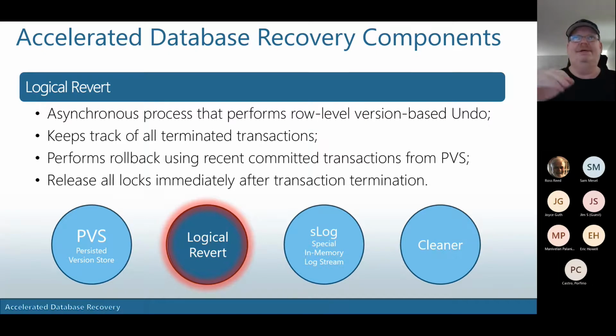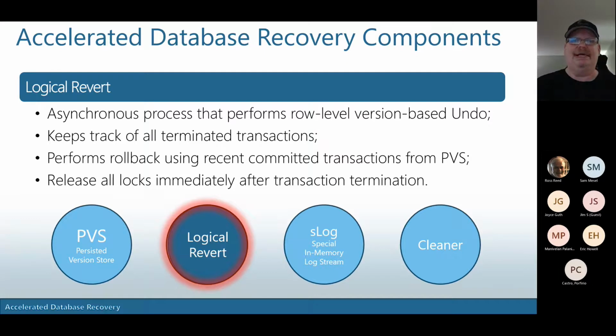Let's logically revert back to the previous version. So it keeps track of all the aborted transactions, performs a rollback using the most recent committed transactions from the persistent version store, and immediately releases all the locks. Once I roll back to the previous version, I release all the locks.